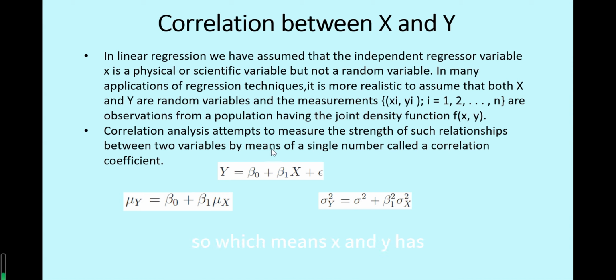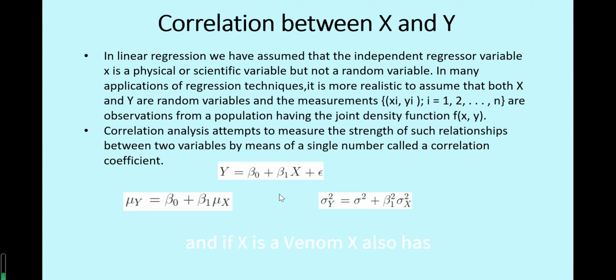Which means x and y have a correlation coefficient if they are correlated. If we look at the regression model, y is beta 0 plus beta 1 times x plus epsilon. This epsilon is independent of x, and epsilon itself has a variance called sigma square.